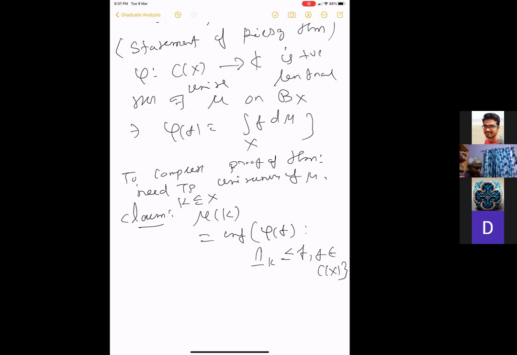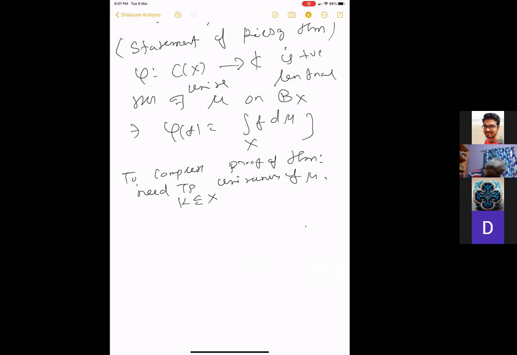What I mean to say is we want to prove the uniqueness of this mu. Suppose mu is some arbitrary measure which satisfies phi of f equals the integral of f d mu, where phi is a positive linear functional.